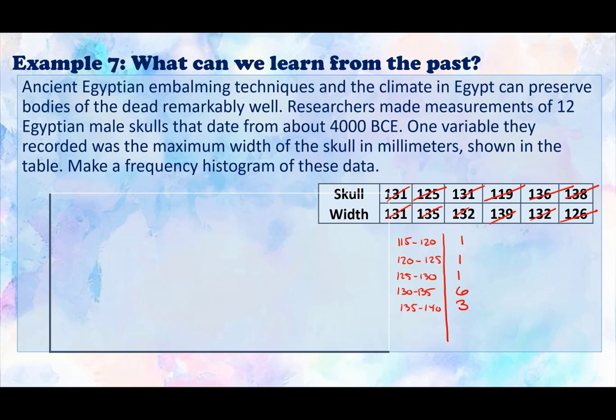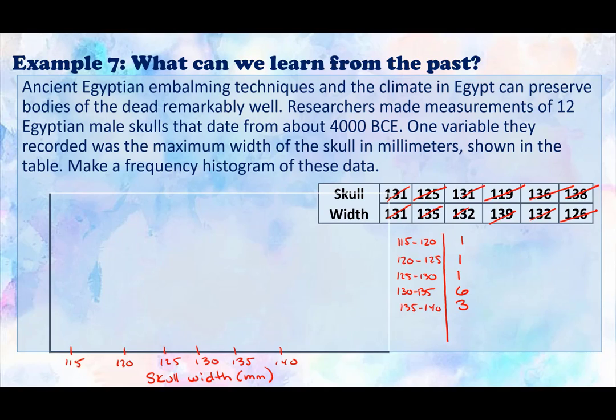What we're going to do now is draw and label the axes. Down here, the x-axis is going to be skull width in millimeters. Remember we started all the way from 115, 120, 125, 130, 135, 140.